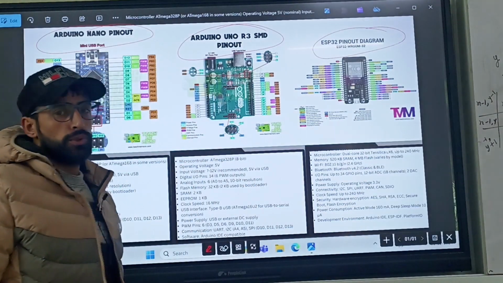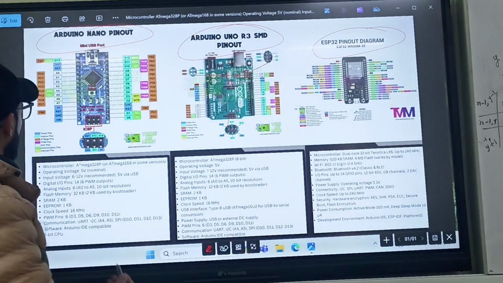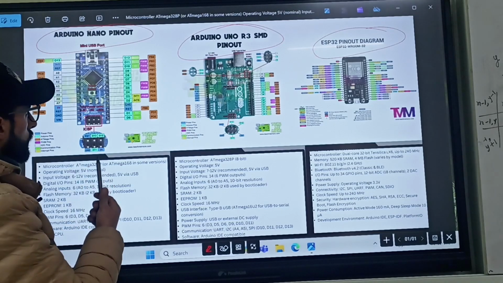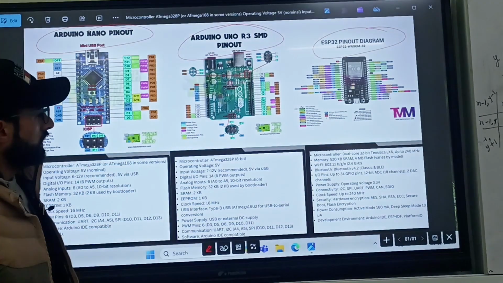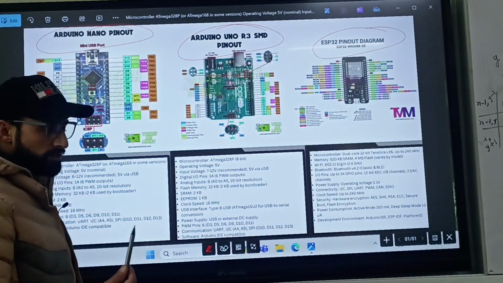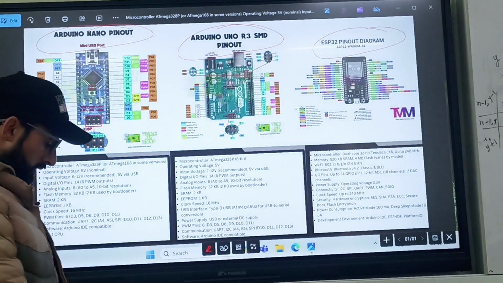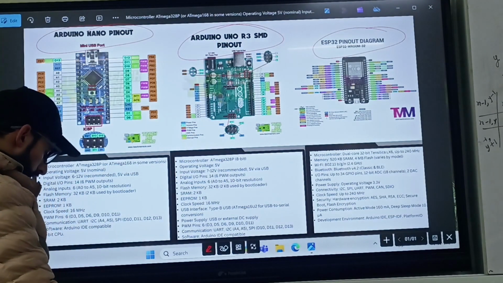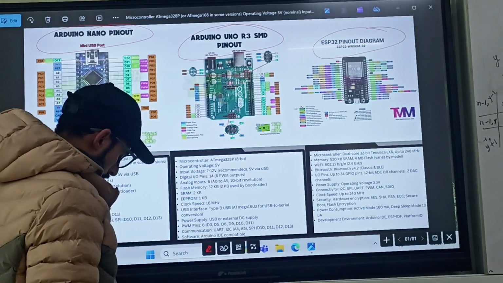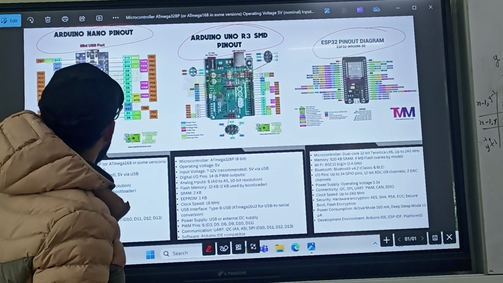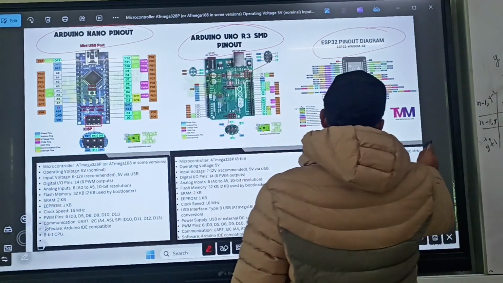So in today's video we are discussing the differences between these microcontrollers: Arduino Nano, Arduino Uno and ESP32. Let us discuss these three microcontrollers and see the difference between them.